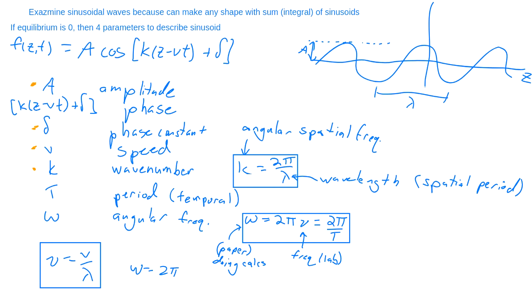Then when someone says this microwave has a frequency of 2.4 gigahertz, when you go to do calculations with omega, you have to remember to multiply that 2.4 gigahertz by 2 pi. So omega is easier to work with. Why is it? It's because it's already in natural units of cosine's argument, radians. That's really what it comes down to.